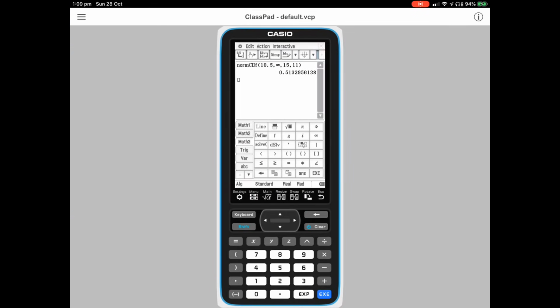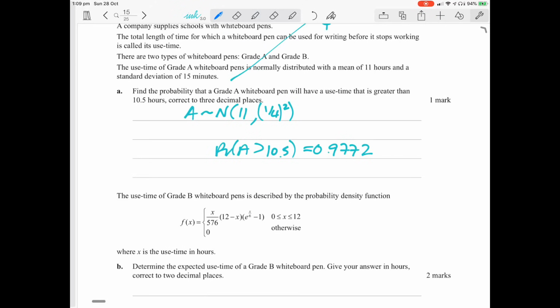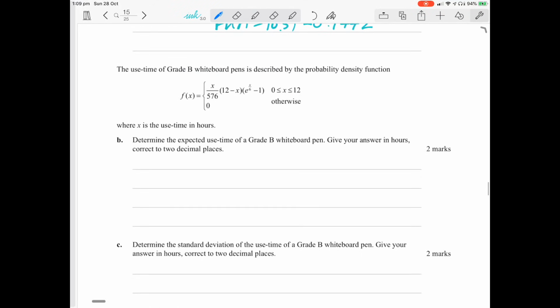So the standard deviation is not 15, it's a quarter. 0.9772. What, there's something funky going on here. What am I missing? But one's in minutes, one's in hours, so you've got to create the same thing.